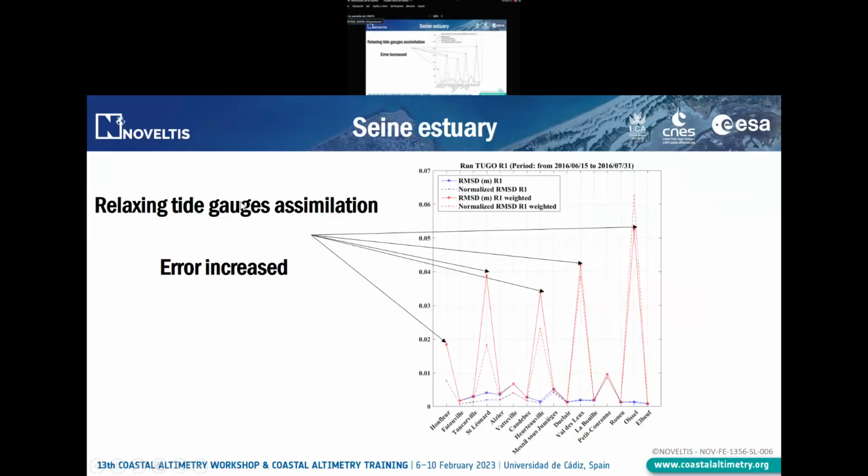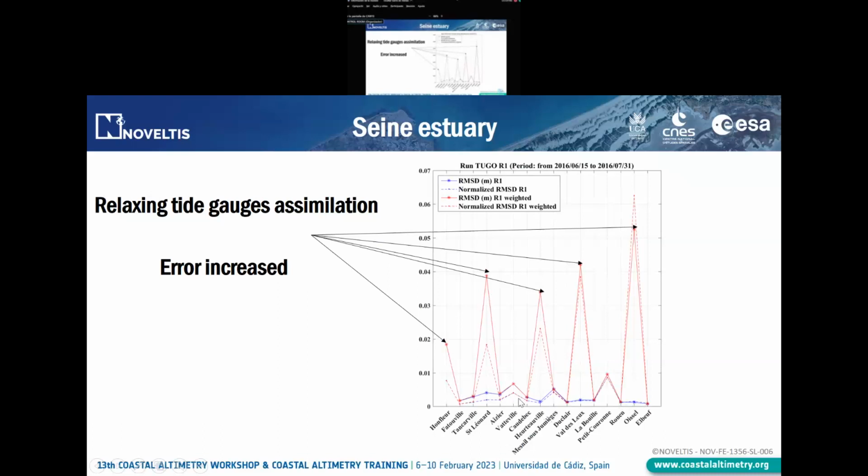Finally, I show you a test that we made to compare what happens if we relax the model at some stations. In this one, we relaxed 5 stations, compared with the entirely constrained model. In blue are the errors of the most constrained model, and in red the relaxed model.